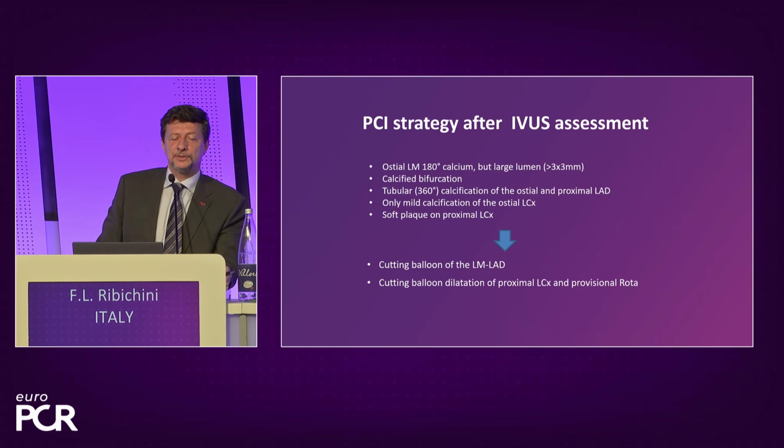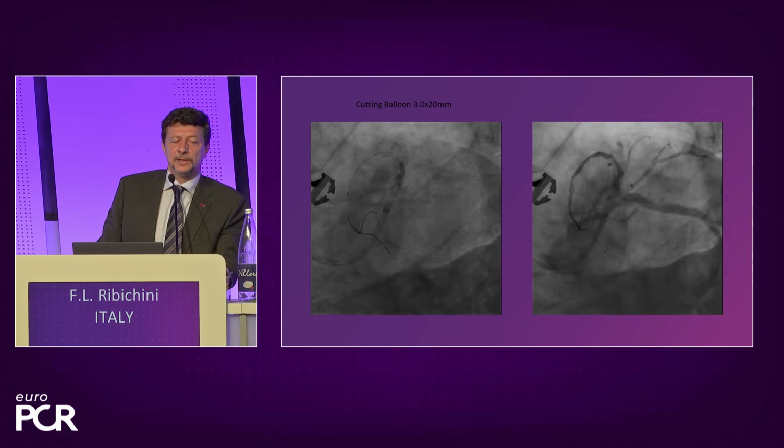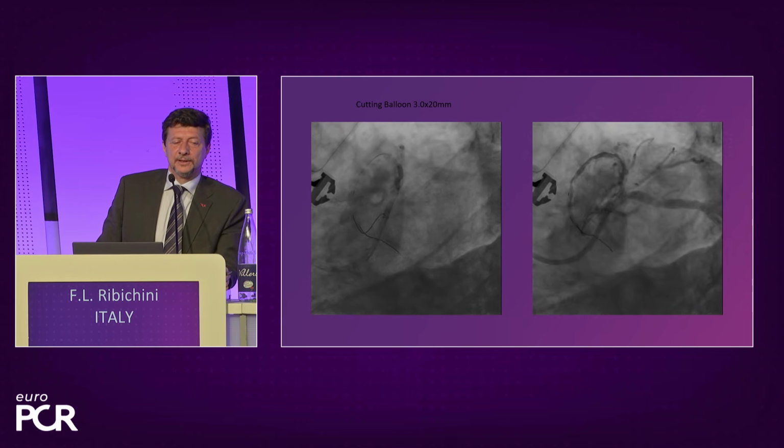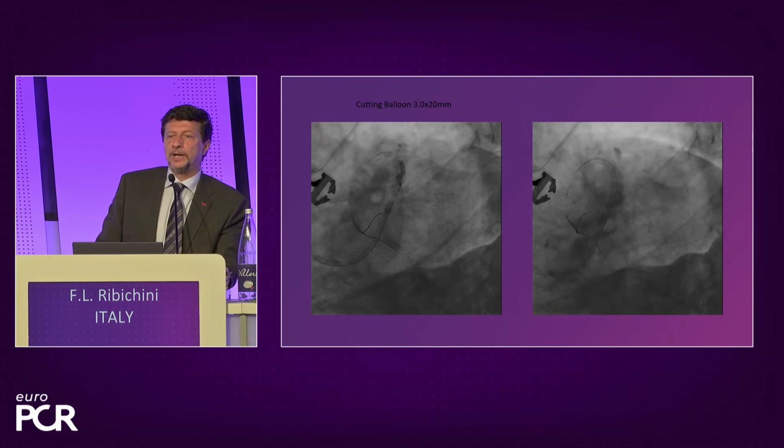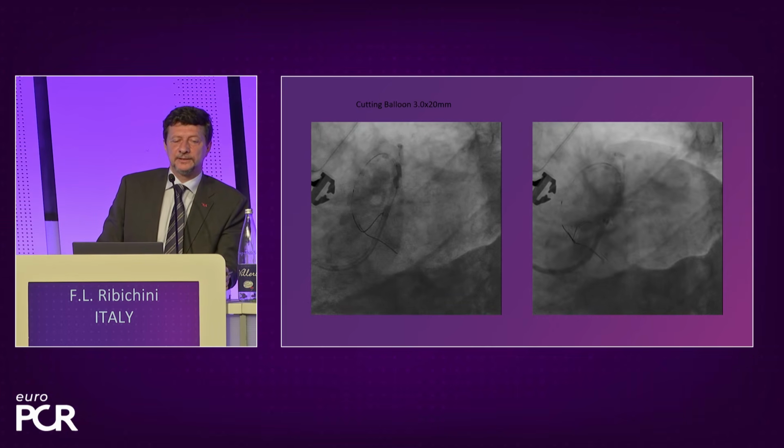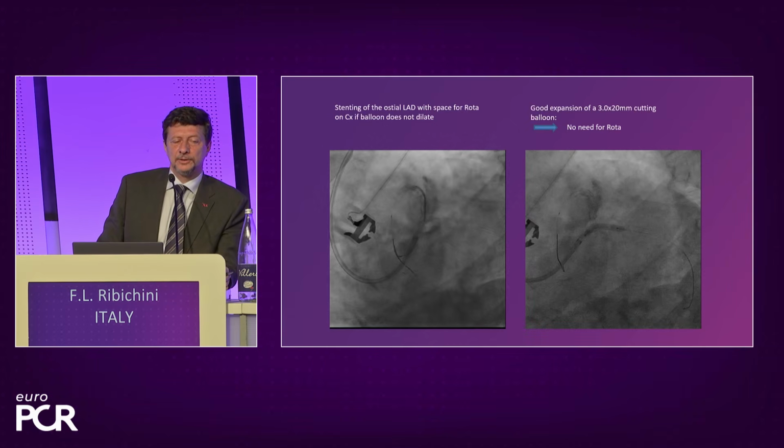So the strategy was testing the lesion with a cutting balloon, and as you can see, there is a good expansion in the proximal LAD despite this 360 degrees calcification.